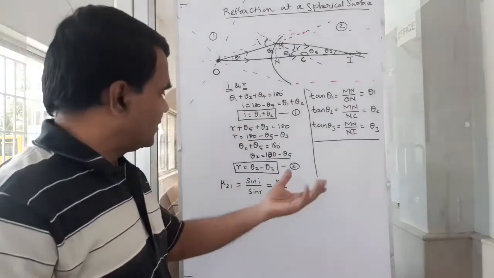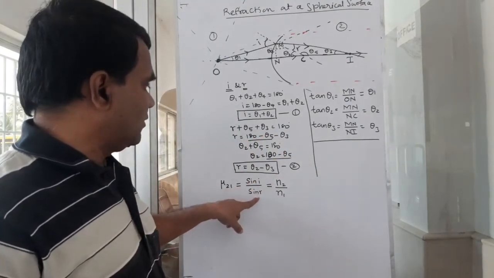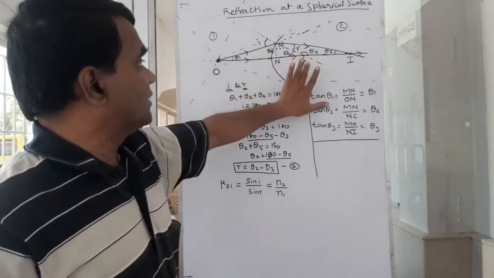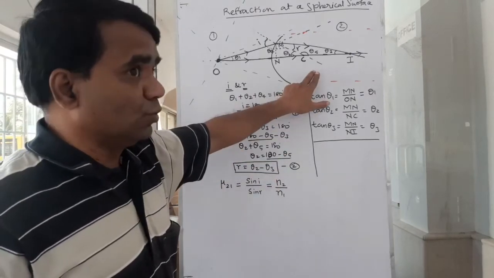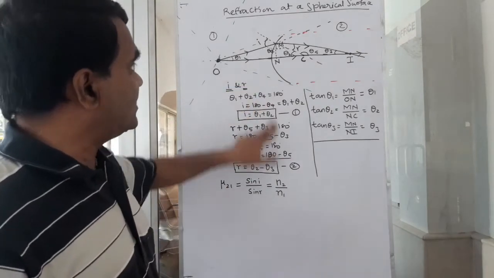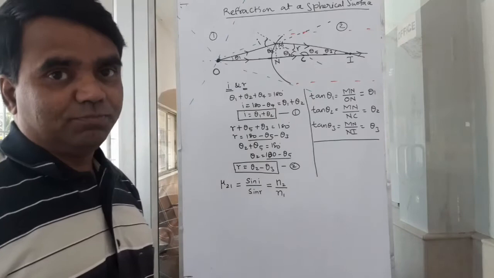We just saw that. So sin I by sin R is equal to n2 by n1. Now this is refractive index of 2 with respect to 1, but n2 is refractive index of 2 with respect to vacuum, and n1 is refractive index of 1 with respect to vacuum, right?